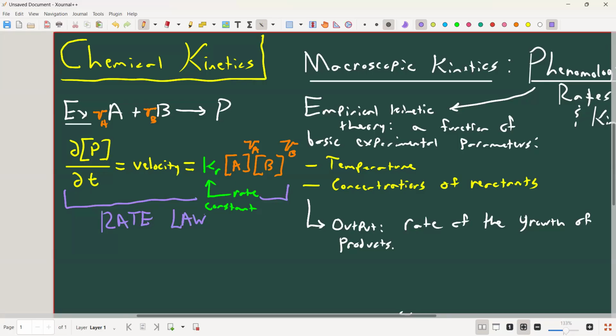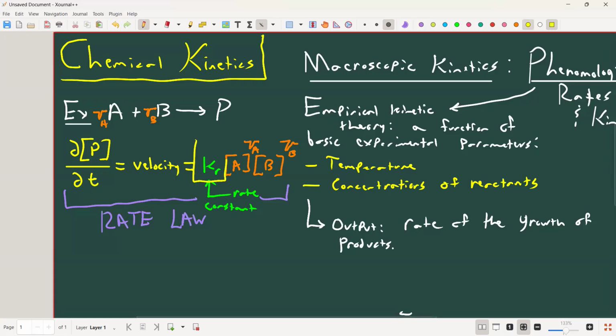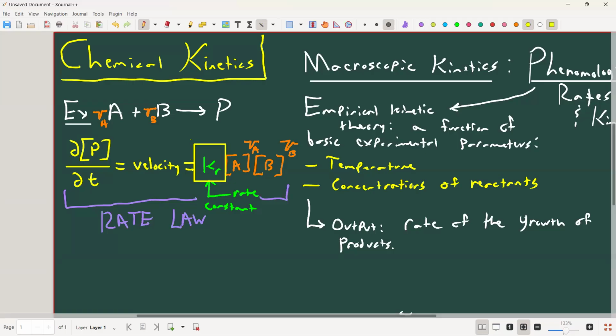I think that's where we can get our physical insight, is to think about how A and B contribute to the rate in their proportionalities, their stoichiometry, and why the number KR is what it is. We get a physical source for that. So our big focus today, in particular, is here. And we'll see once we analyze KR and understand what it means, that we'll start to understand why we have these stoichiometric powers here.